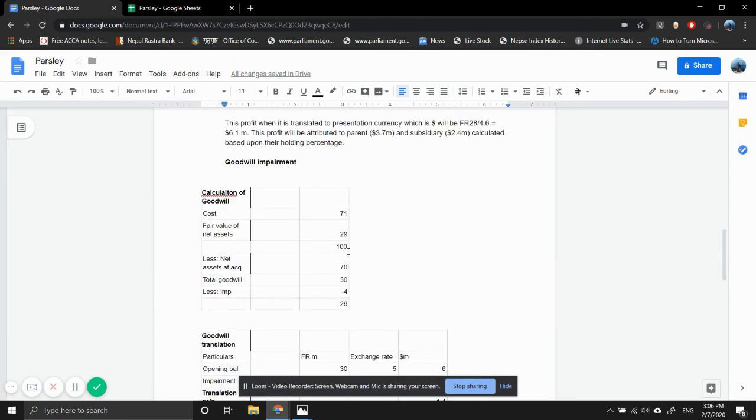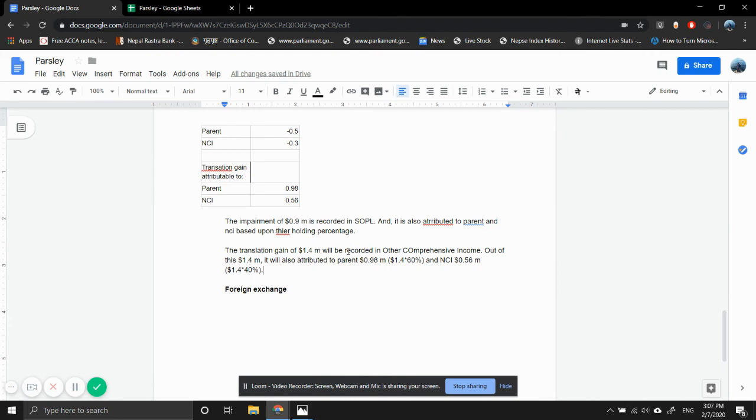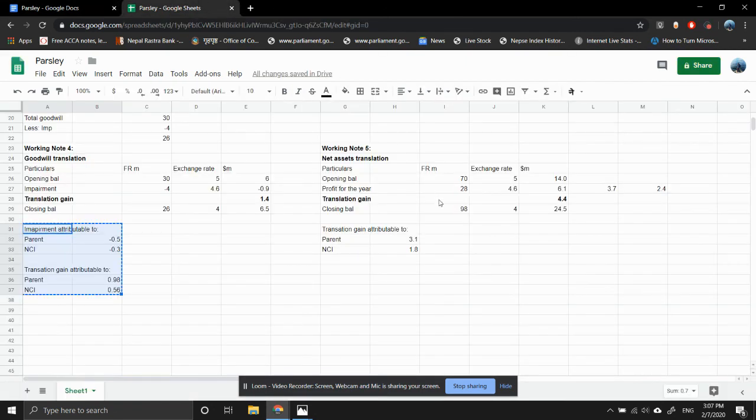Alright, what about net assets? So let's talk about net assets as well. Let's show them the translation of this net assets.